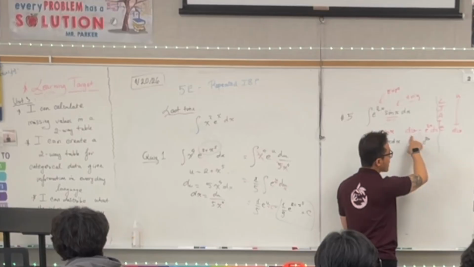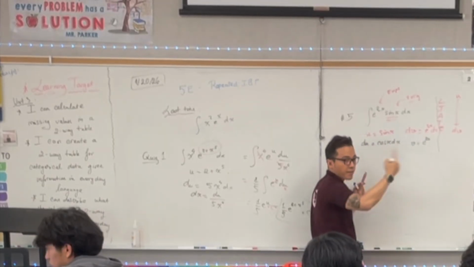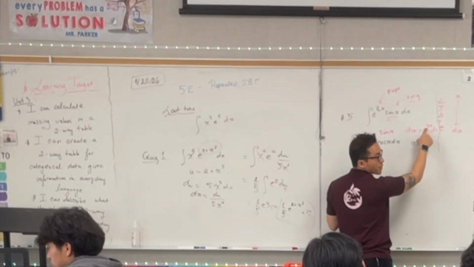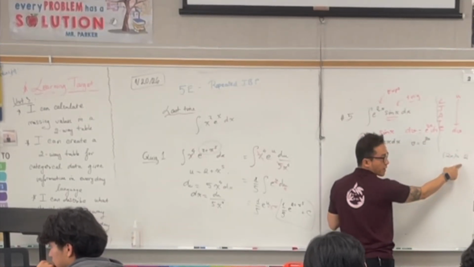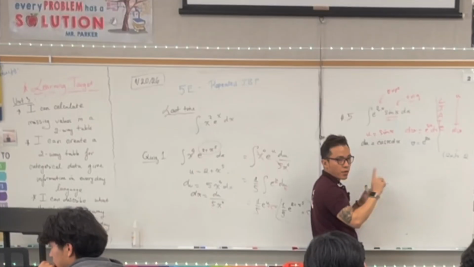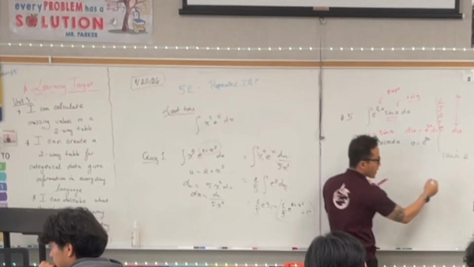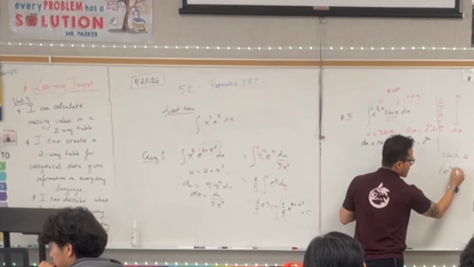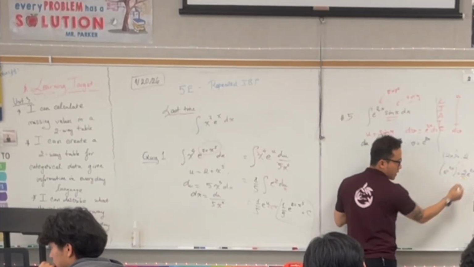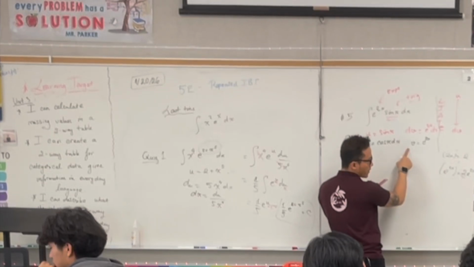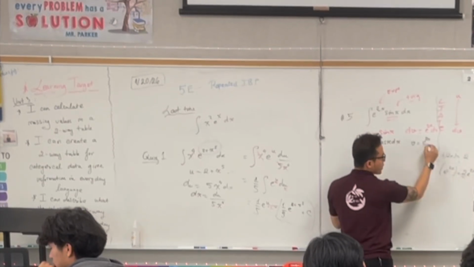Because now you're taking the integral, the chain rule, you're going to divide. The derivative of 2x is 2, so I divide, not multiply. Multiply is for when you take a derivative. Again, the derivative of this is 2e^(2x) because you multiply by the chain rule. But when you take the integral, you need to divide it, so I divide it by 2.